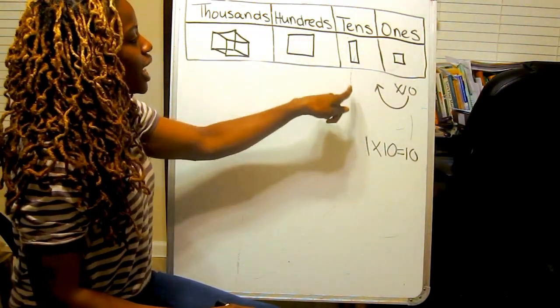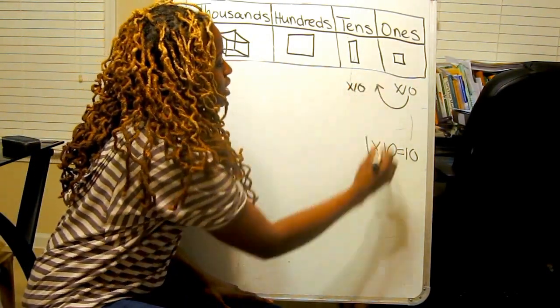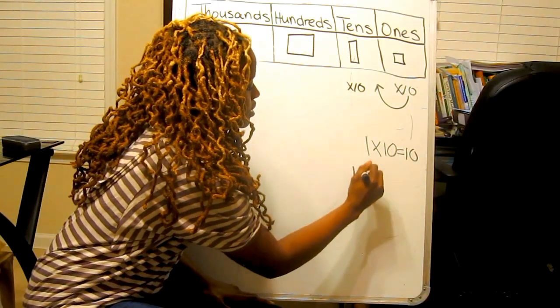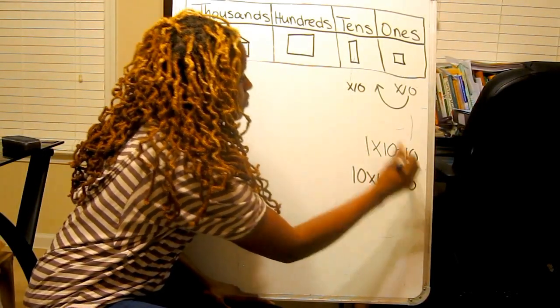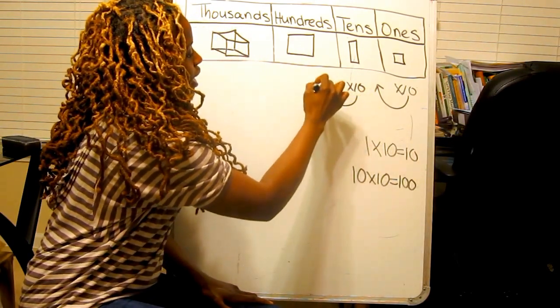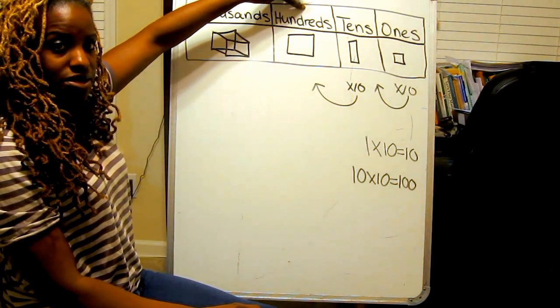If I multiply my tens times 10, I get the value in my hundreds place.